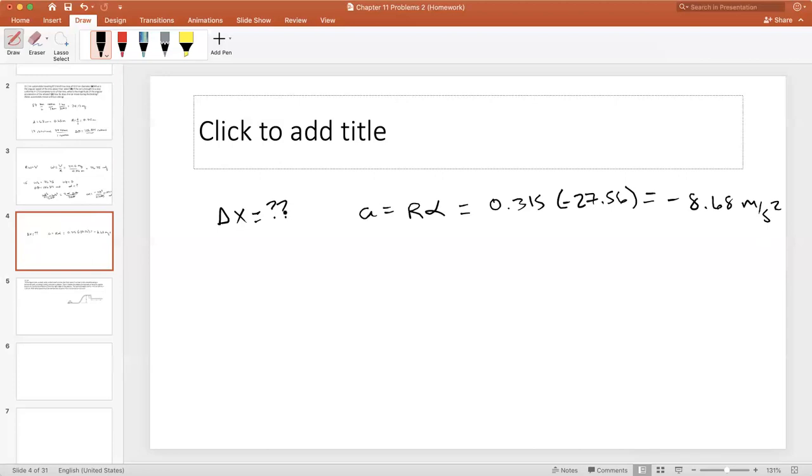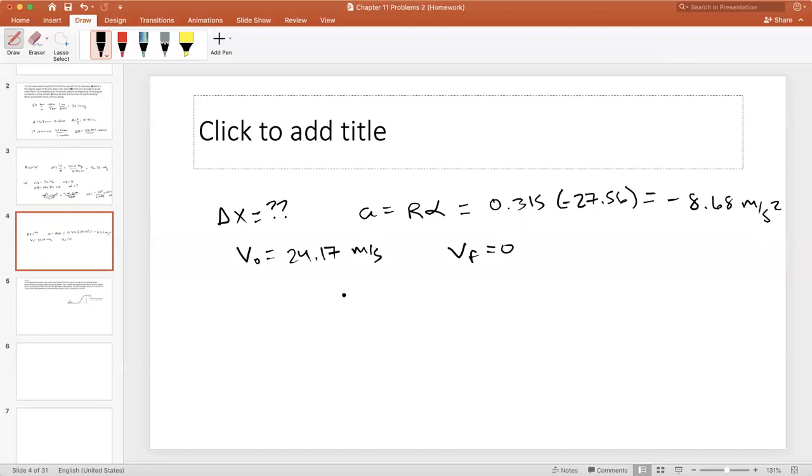Now I want to know the change of x. I don't know what the initial velocity or the final velocity is, and I don't know what the time is. But I do actually know that the initial velocity, which I found earlier, was 24.17 meters per second, and the final is 0 because it comes to rest.